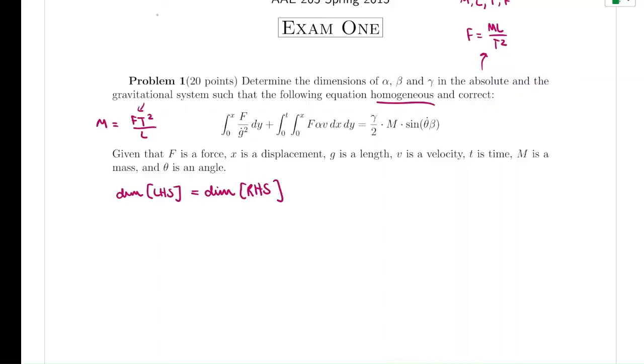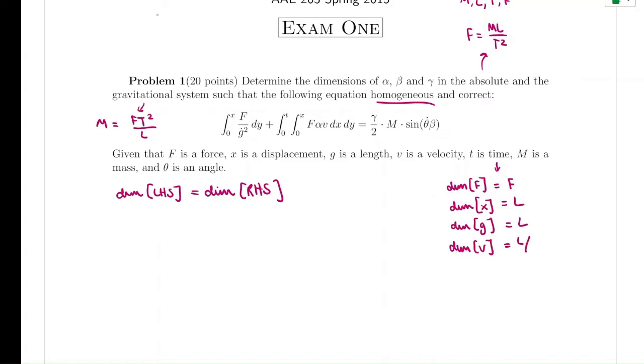So from that information, we can write down that the dimension of F is force. The dimension of X is a displacement, which is measured in length, so its dimension is length. Same thing with G, which is a length, so its dimension is length. And for velocity, that's meters per second, right?